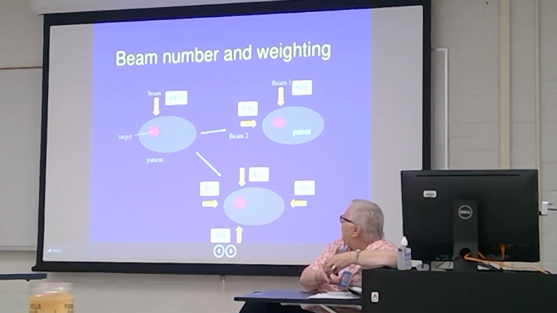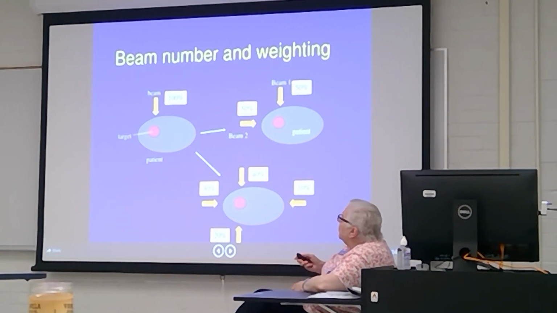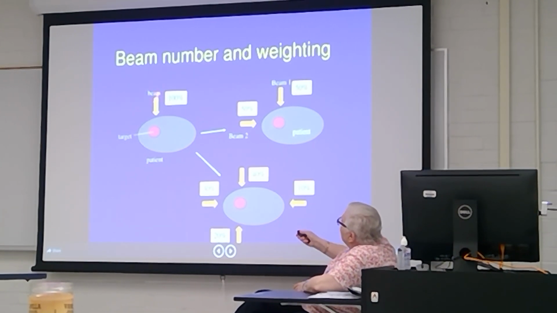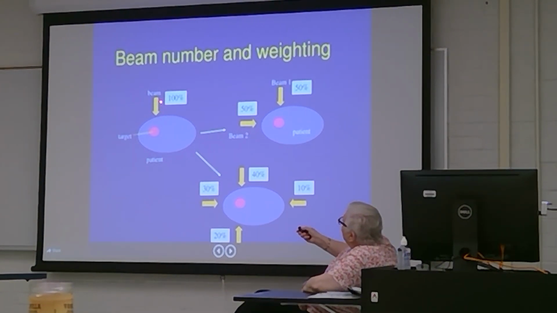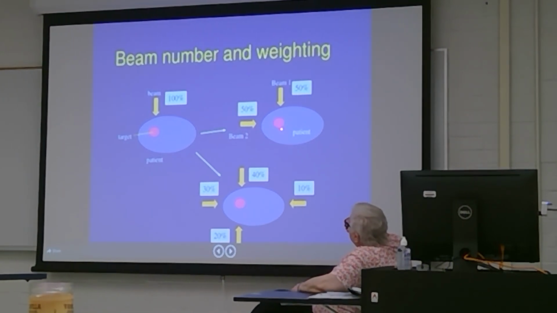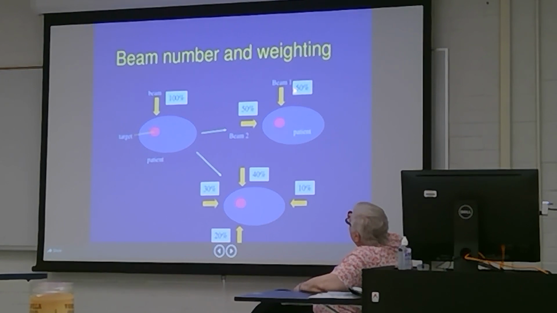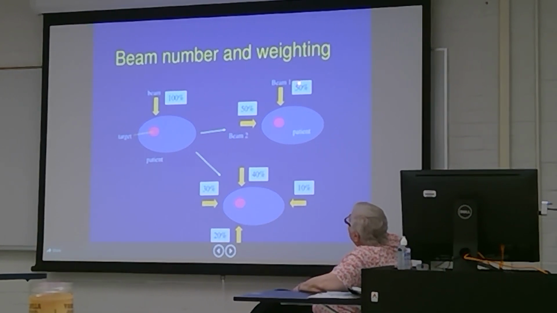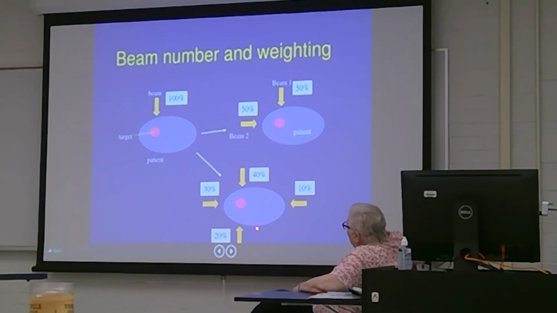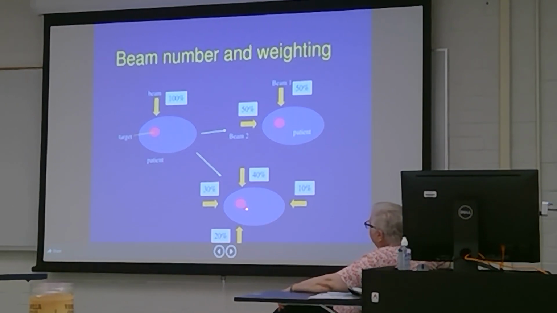So here's a little bit more of a real world one. Here is one beam, 100% to that one beam, to the target. Here's two beams, 50% each. That's 1-to-1 weighting.